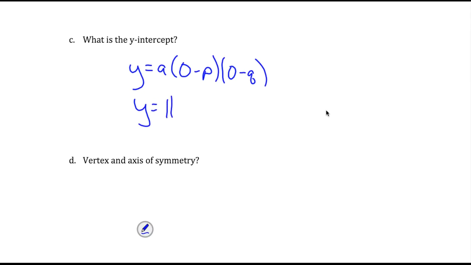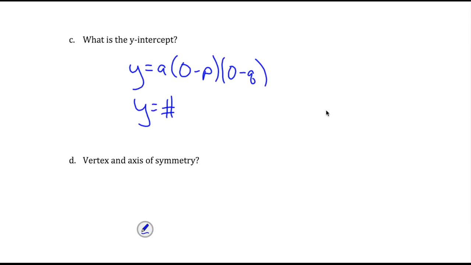All we would have to do to find the y-intercept is plug 0 in for both the x's, and then multiply all of this stuff together, and you're going to get y equals some number. It's basically just going to be a times whatever's left in both of those parentheses. So that's actually not super hard to find either, because you just need to do the multiplication.